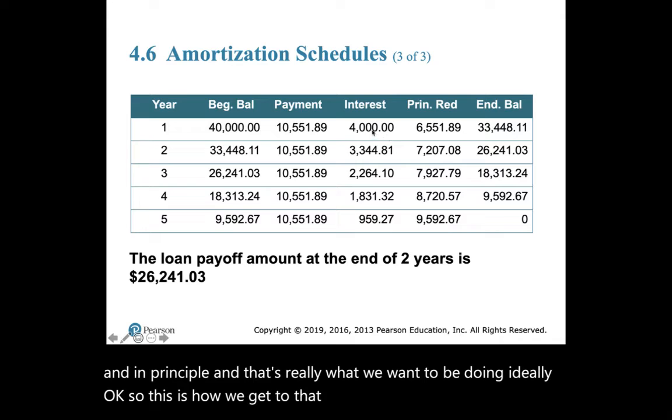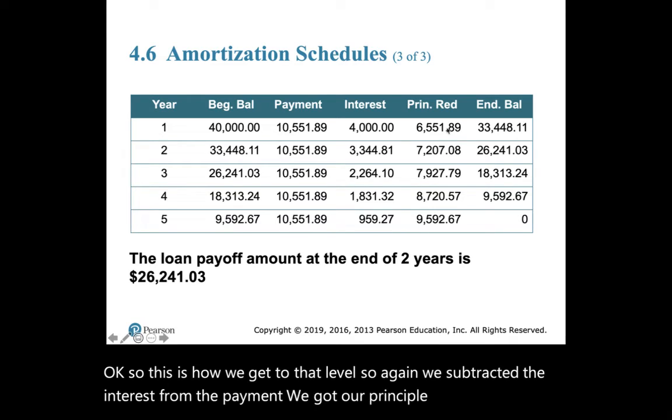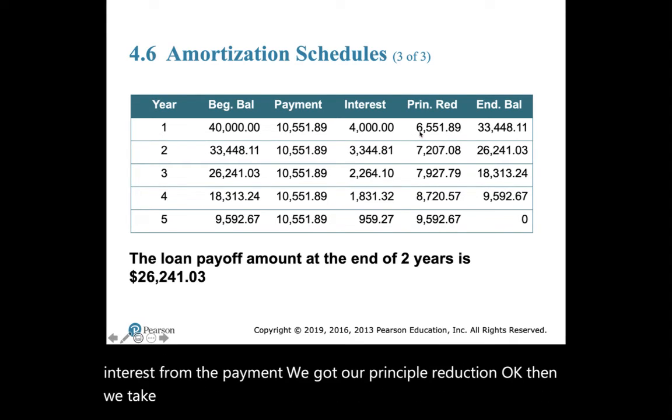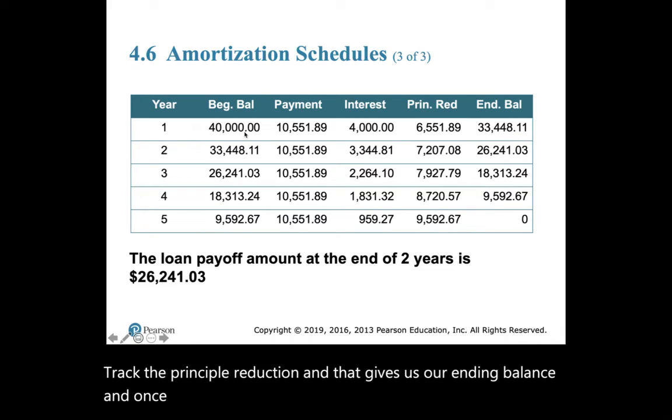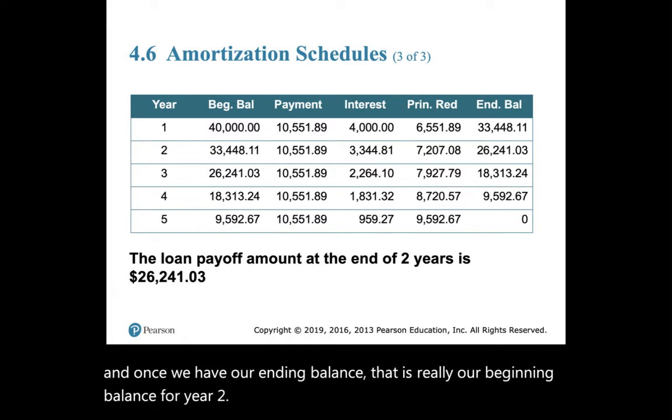So again, we subtracted the interest from the payment, we got our principal reduction, okay? Then we take the beginning balance and subtract the principal reduction, and that gives us our ending balance. And once we have our ending balance, that is really our beginning balance for year 2. And ultimately, we go through the same process.